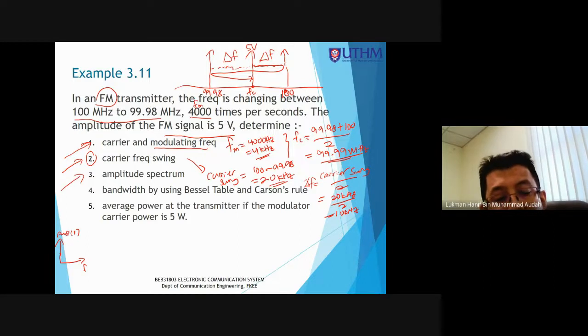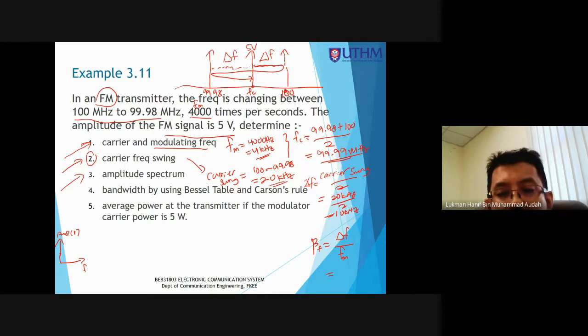Amplitude versus frequency. If I want to draw the amplitude spectrum, I need to refer to the Bessel table. To refer to the Bessel table, first I need to know how much is beta, the modulation index. Without beta, it is difficult for us to know which one. So beta F is equal to delta F divided by the modulating signal frequency.